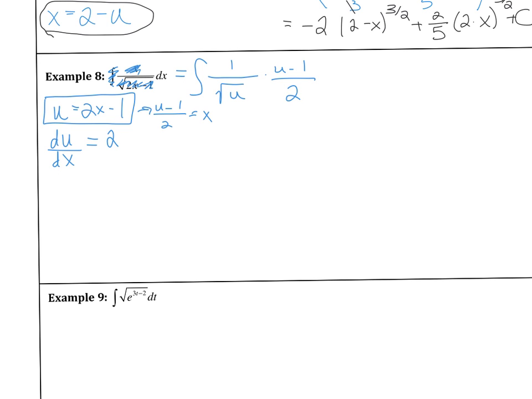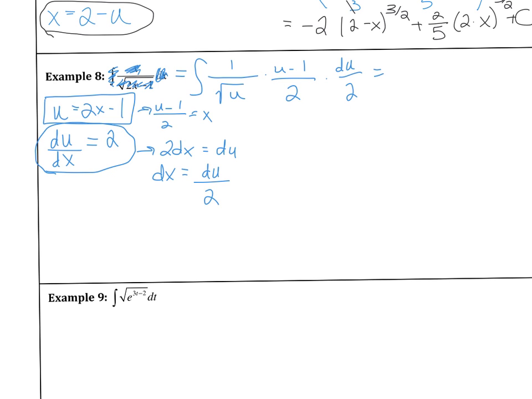And then I need something that's equivalent to dx but uses u's, so that will come from here. If I use algebra here, when I cross multiply, I get 2 dx equals du. Therefore, dx is exactly equal to du over 2. Great. So for dx, I can instead write du over 2. Yay, everybody's there.